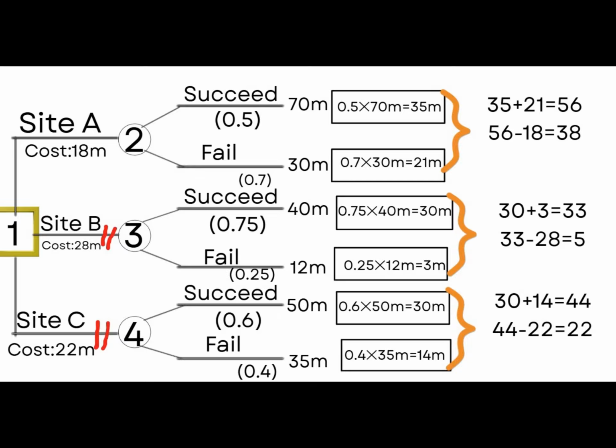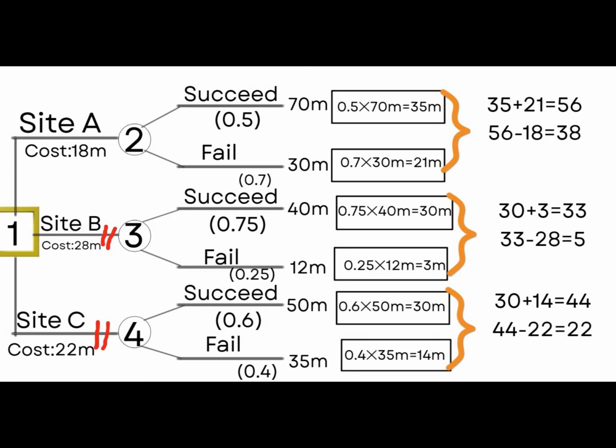And in site C, success is a 50 million payoff with 0.6 probability, and failure is a 35 million payoff with 0.4 probability. We calculate the expected value, and the addition becomes 44 million, and when we subtract the original cost of 22 million, it becomes 22 million.